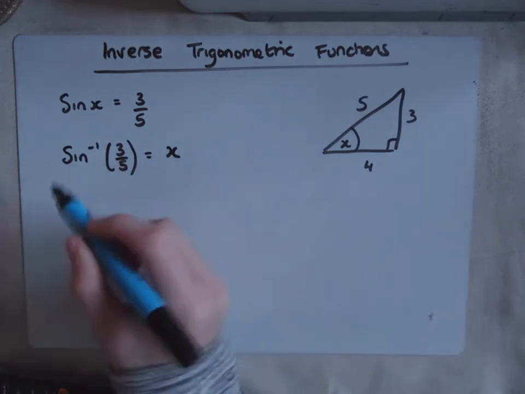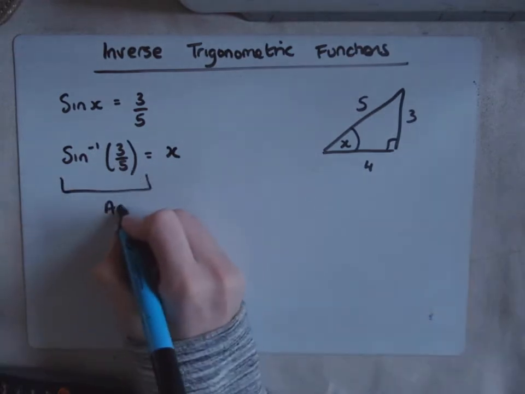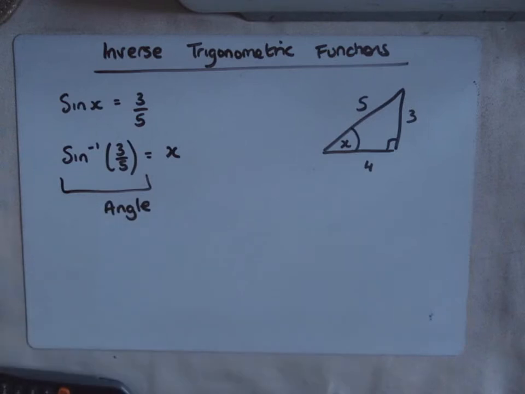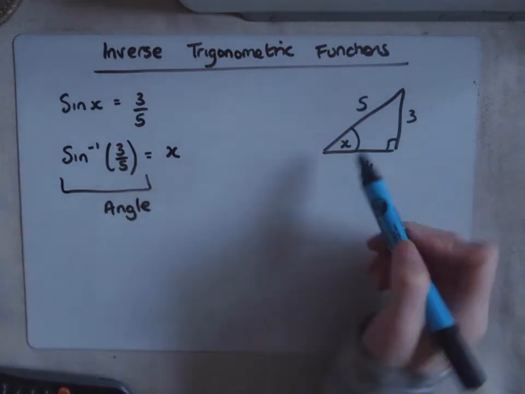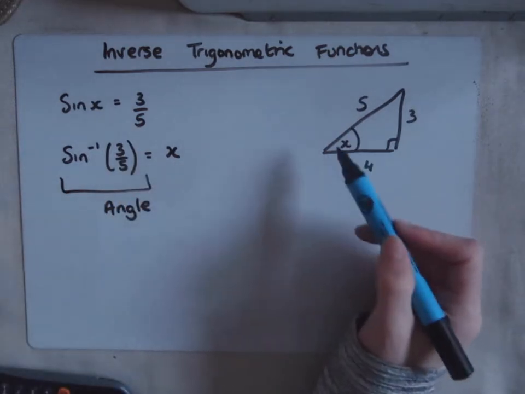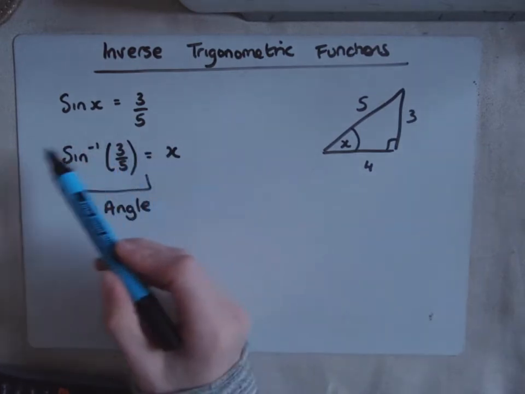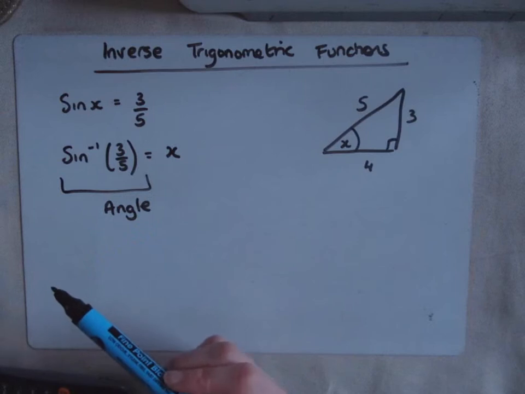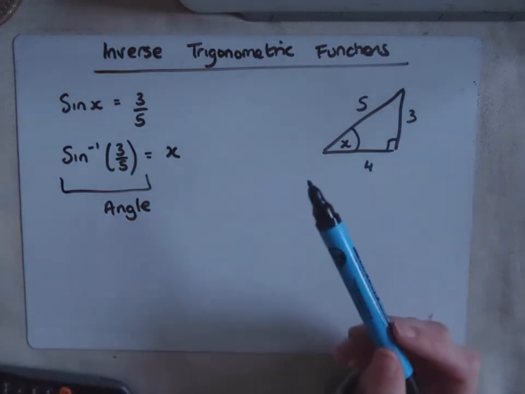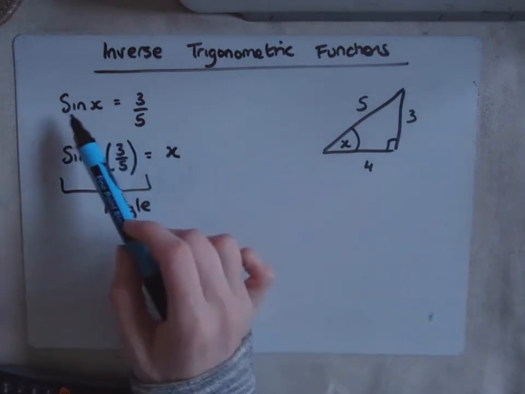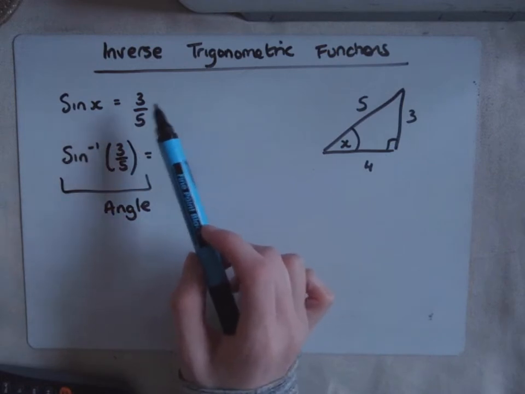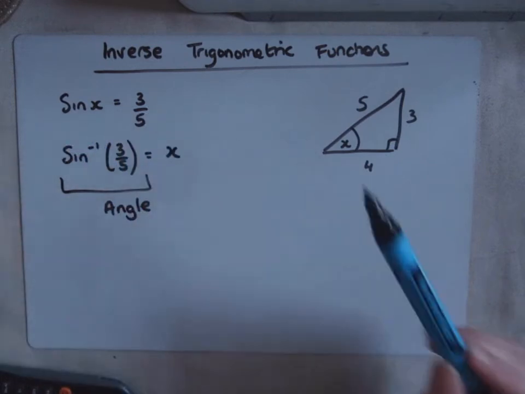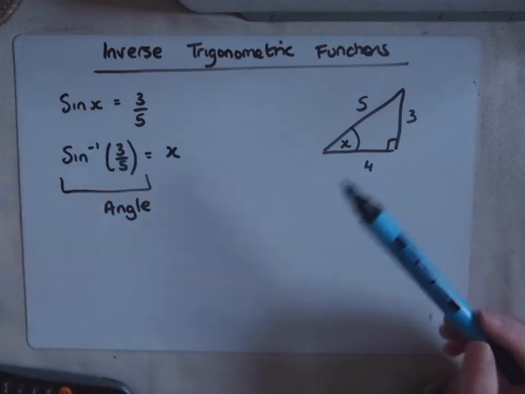So you can consider this an angle, okay? Because that is x and x is our angle, okay? So your inverse trigonometric function gets you an angle, so it is an angle, all right? Sine x equals 3 over 5, or sine of 30, sine of 40, they're ratios, okay?